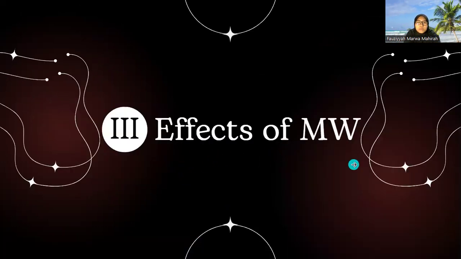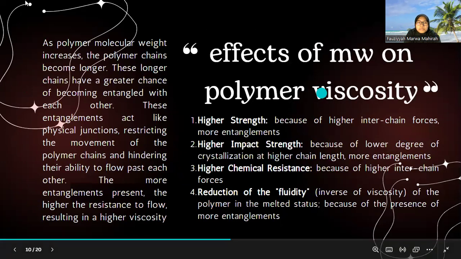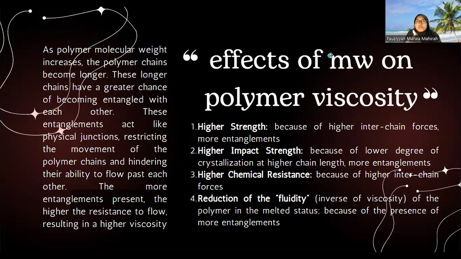So we're going to talk about the effect of molecular weight on viscosity. As the molecular weight of a polymer increases, the chain becomes longer, because more molecular weight equals a longer polymer chain, and there is also a greater chance of the chains becoming entangled with each other.